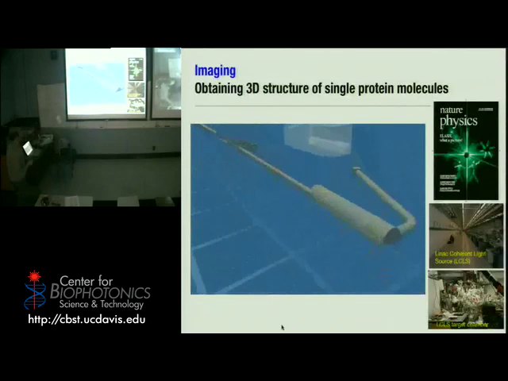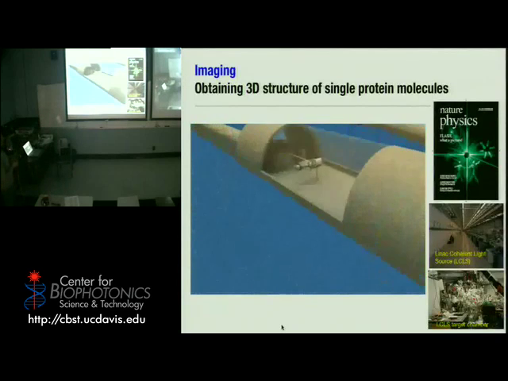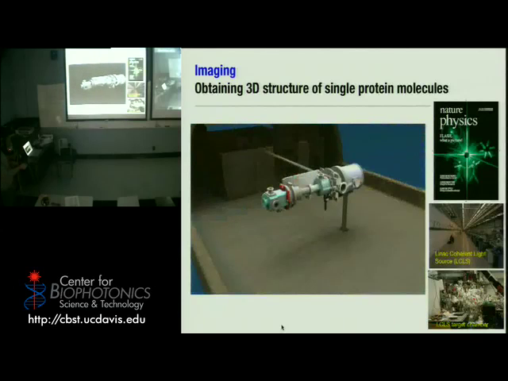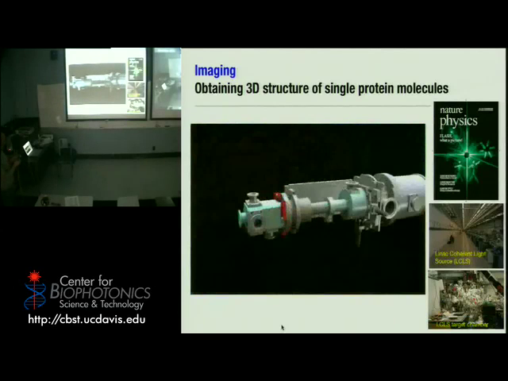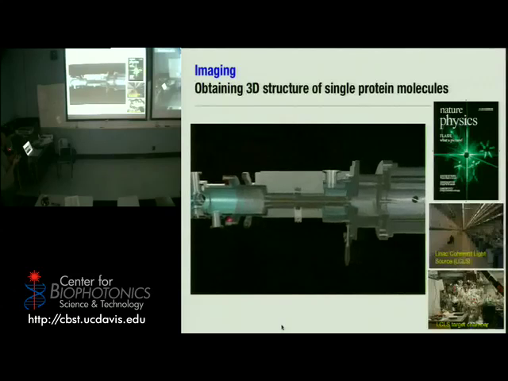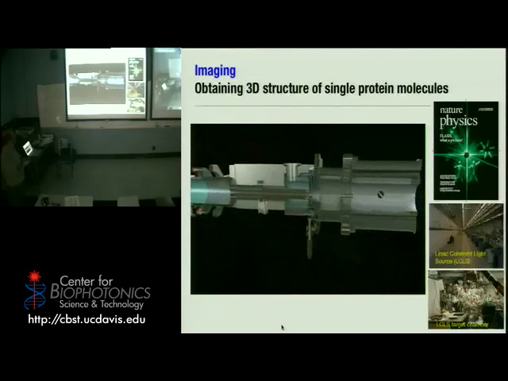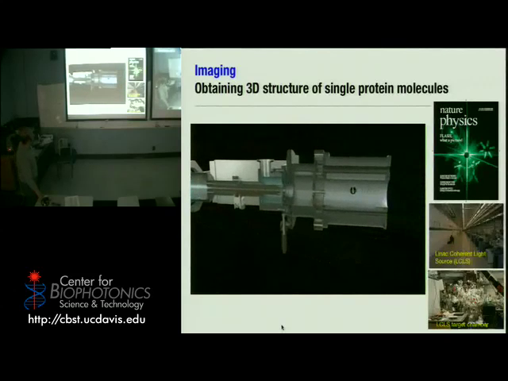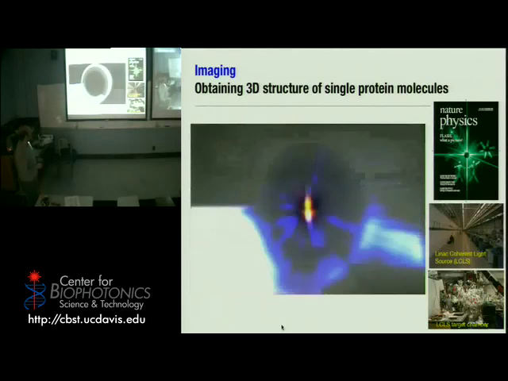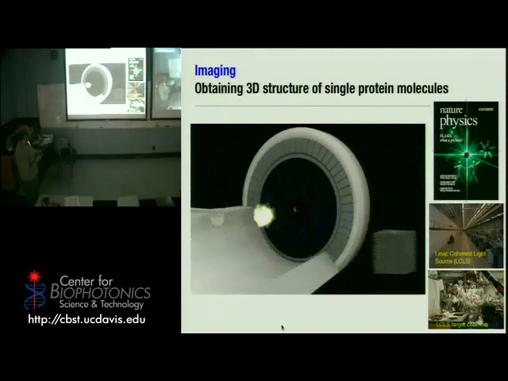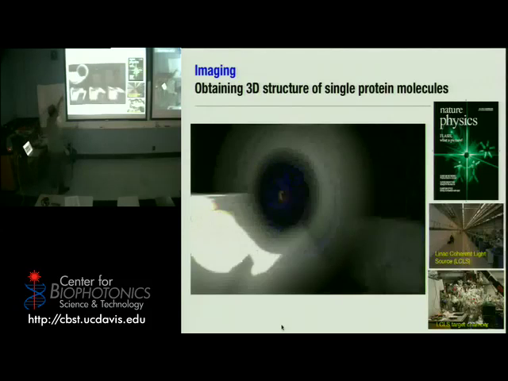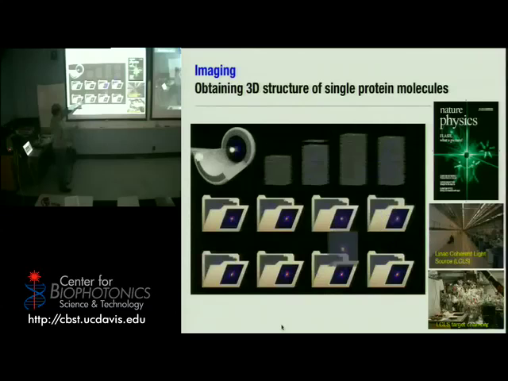So there are the X-rays coming down the long tunnel, coming into a room where there's this thing, the target chamber. Uh-oh, just lost the button. And in the target chamber, there's the beam. And the beam comes in. See, there's the beam and the protein are coming at the same time, and it's giving you a pattern.